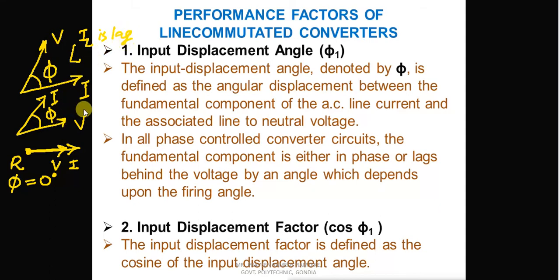And this is the phasor diagram for capacitive loads. Here voltage is lagging with respect to current. So this is about the phasor diagrams, or we can say the displacement angle phi 1.